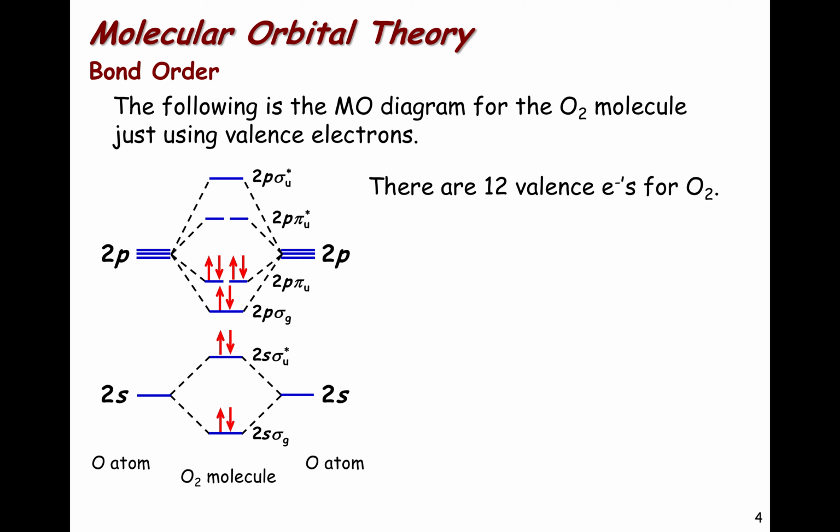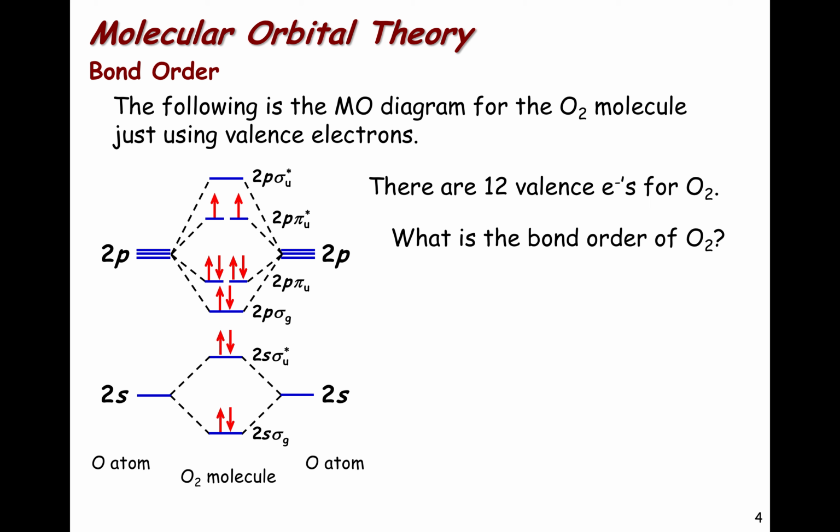And we end up filling all the way through the pi bonding type orbitals. But at this point, we have used a total of 10 electrons, and there are 2 more left. So the last 2 electrons are going to go into the pi star type orbitals, and they go in such that they are not spin paired.